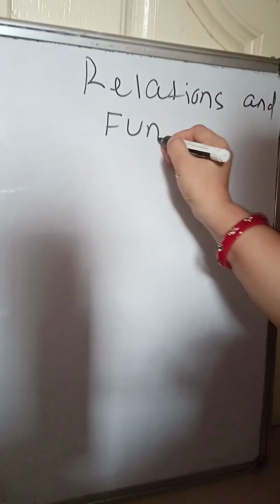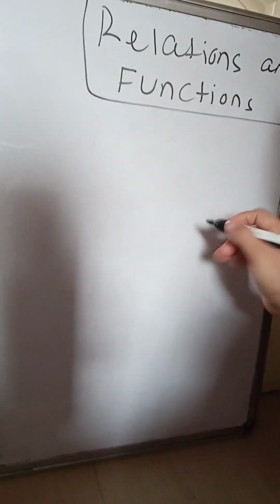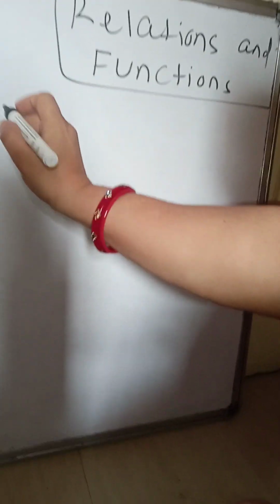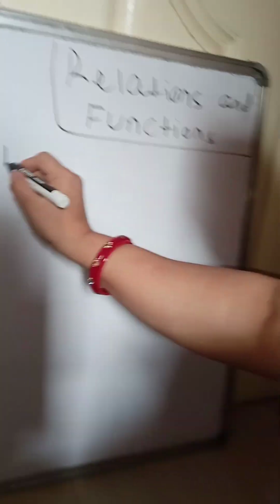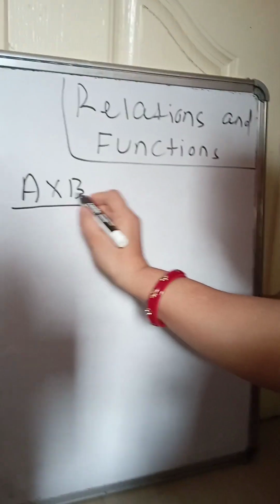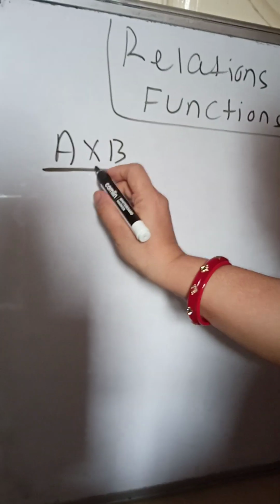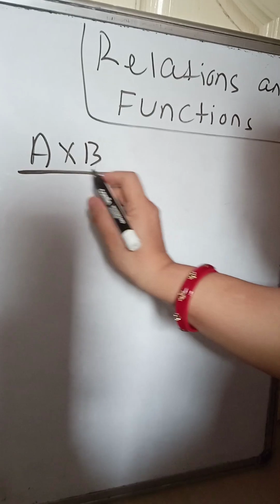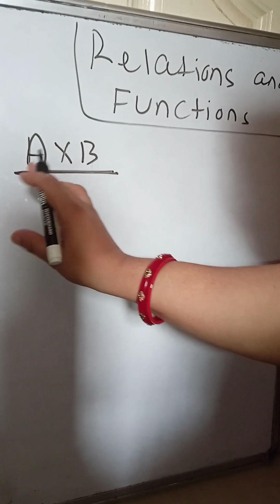When we are considering the Cartesian product of two sets, let us write the chapter we are discussing now: relations and functions. If you are considering two sets A and B, then the Cartesian product of these two sets A and B is denoted like this. You will not read it as A cross B or A into B; that is not the multiplication of two sets, rather this is the Cartesian product of two sets.